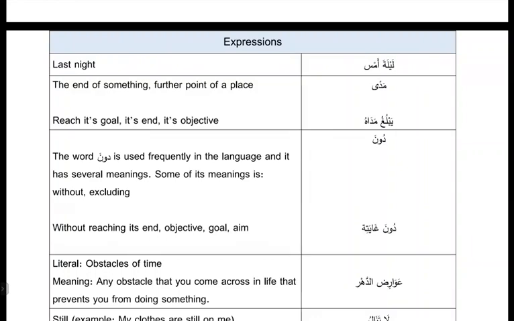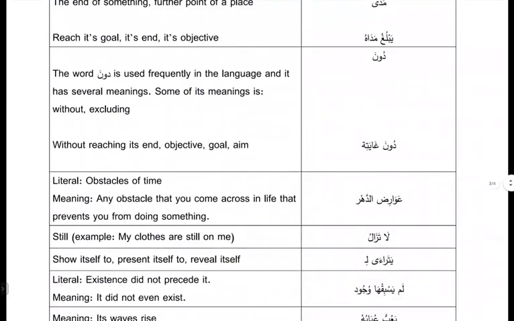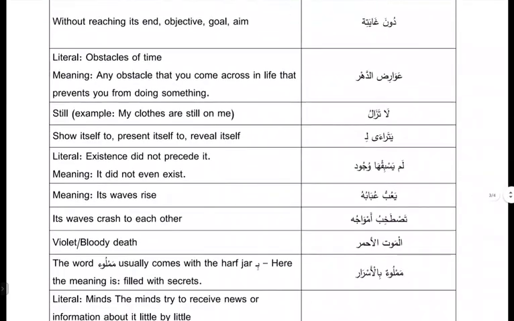That's what we mean, loosely speaking, when we say expressions. So la tazalu means still. For example, I've got this from the book that we're currently reading. My clothes are still on me. In other words, I'm still wearing my clothes.